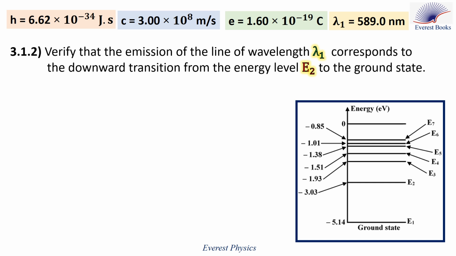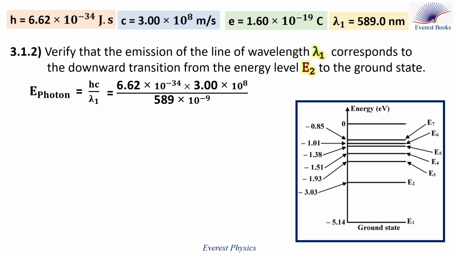3.1.2. Verify that the emission of the line of wavelength lambda 1 corresponds to the downward transition from the energy level E2 to the ground state. Let's start by calculating the energy of the photon whose wavelength is lambda 1. So we use the formula hc over lambda 1. Replace hc and lambda 1 by their values.